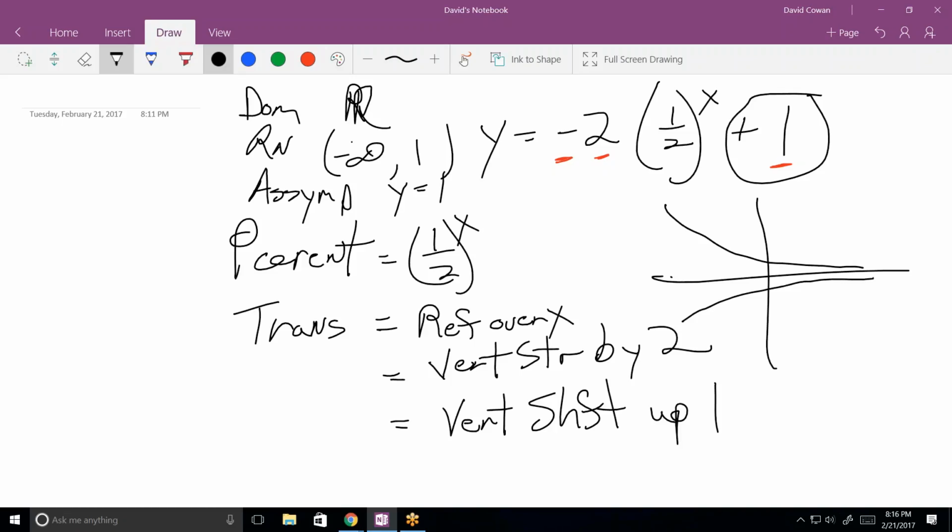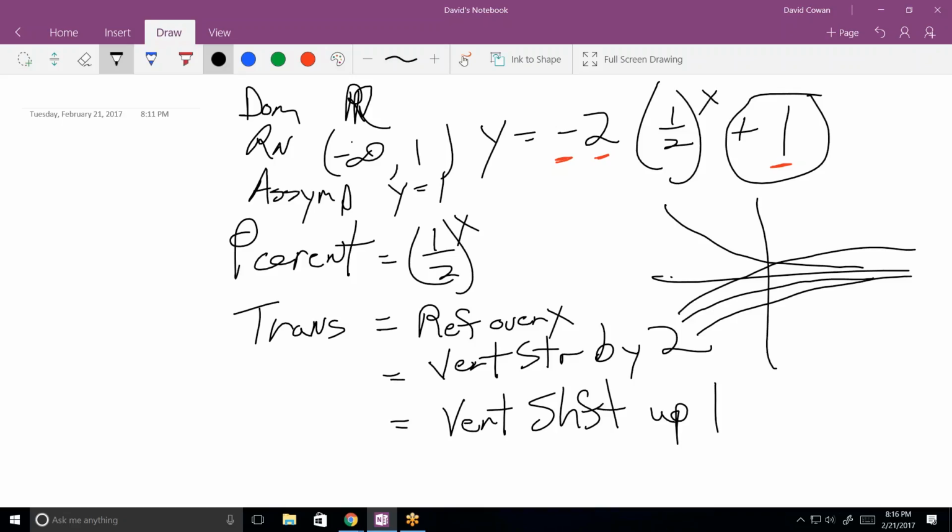Then I do the vertical stretch so that it looks like this. And then I do the shift up 1. The shift up 1 changes the horizontal asymptote from y equals 0 to y equals 1. So yeah, we've got the range right. It's negative infinity to 1.